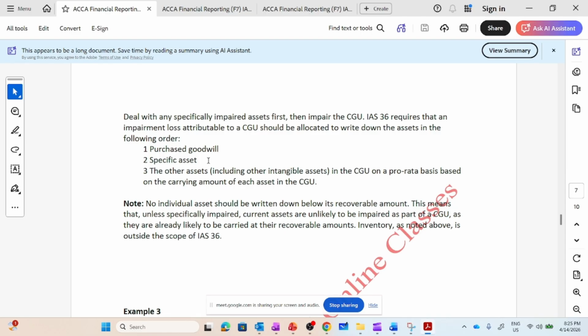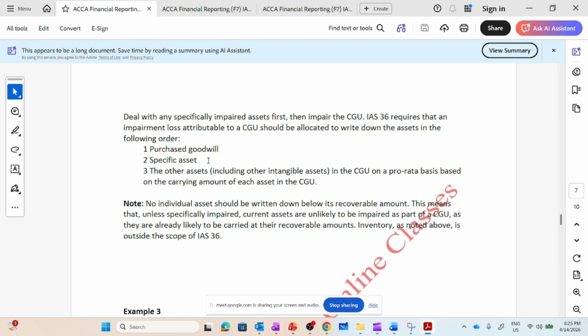So this means that, unless specifically impaired, current assets, note it down, current assets are unlikely to be impaired as part of the cash generating unit. When we are talking about current assets, we are talking about inventory, receivables, short-term investments, IFRS 5 non-current assets held for sale and discontinued operations, and cash and bank.